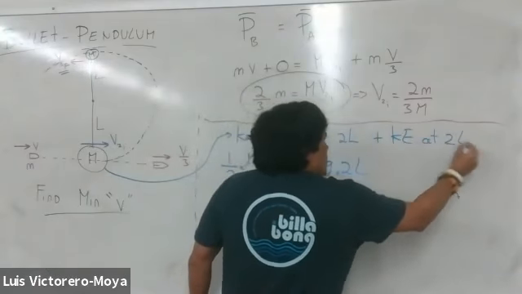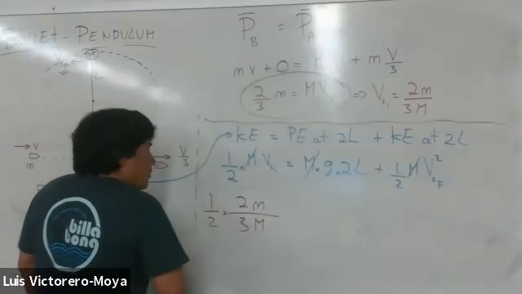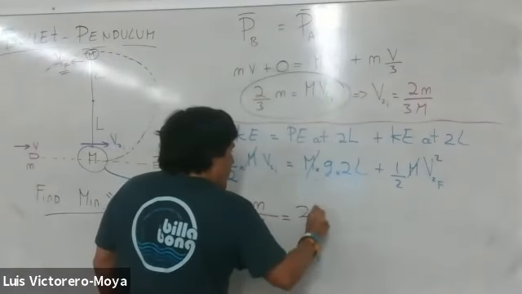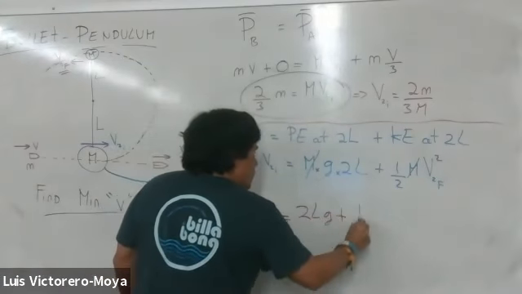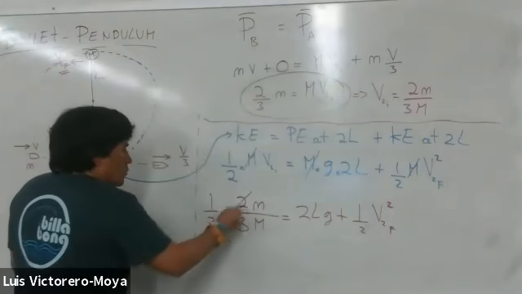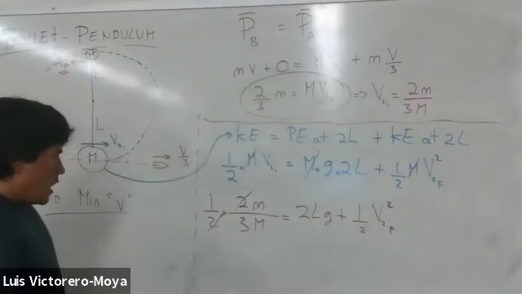So the kinetic energy, 1/2 of the big mass times V2 initial squared, is equal to the big mass times gravity times 2L plus 1/2 big M V2 final squared. Mass cancels, and 2 and 2 can cancel.